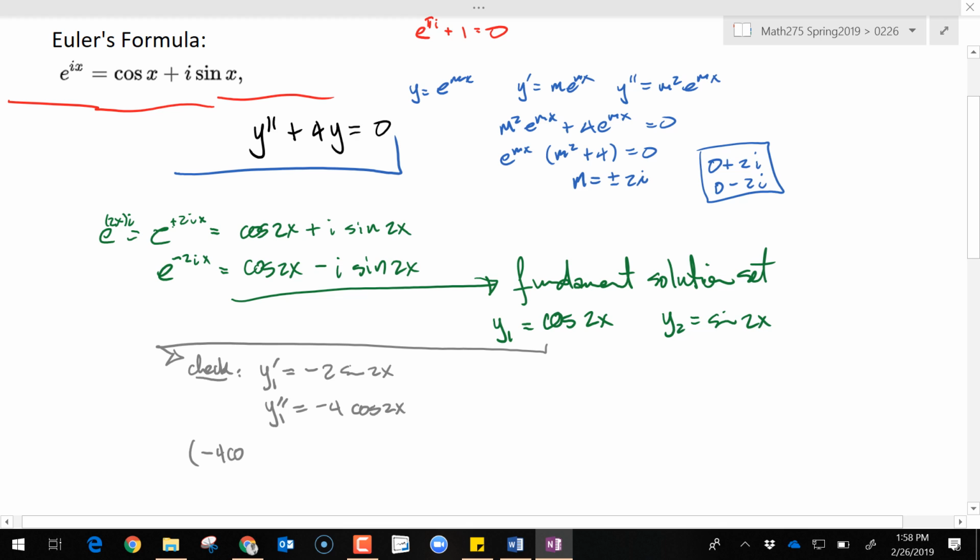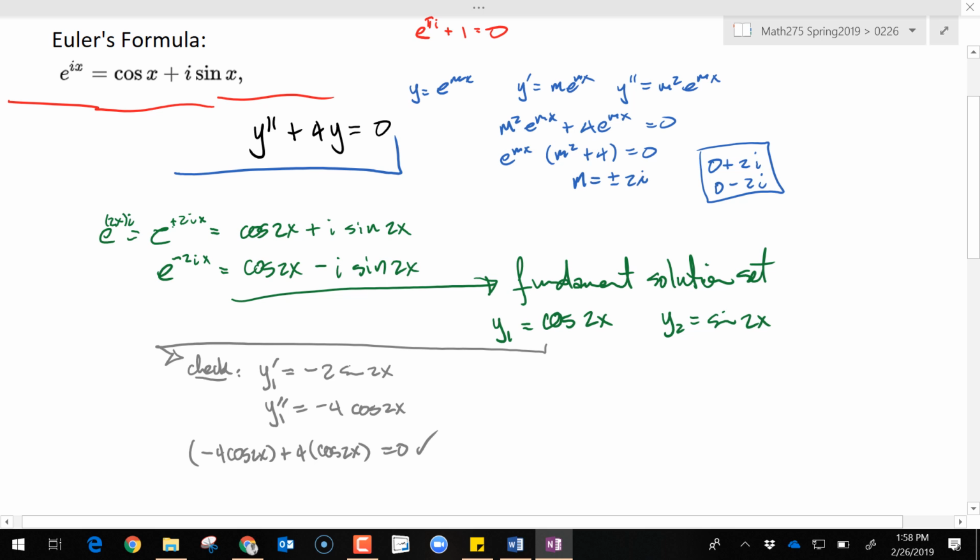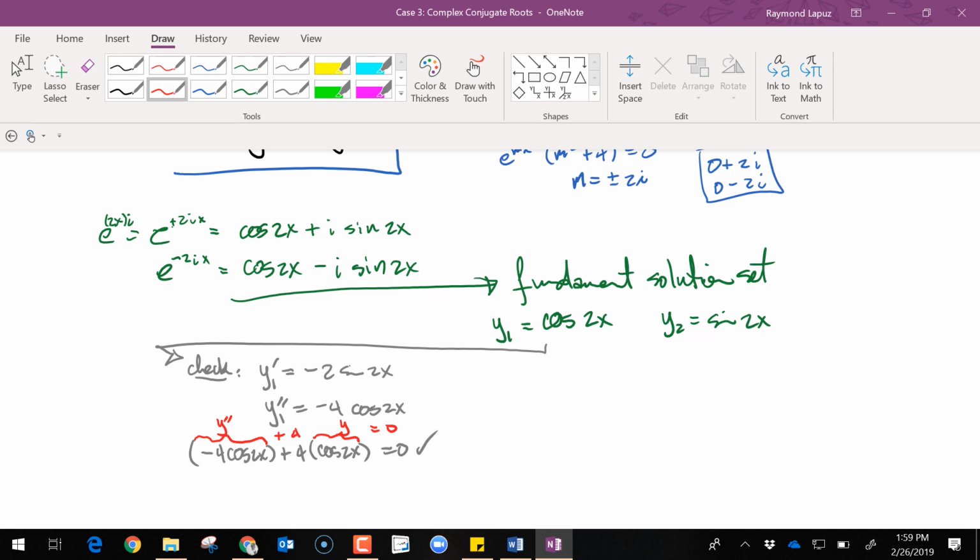Minus 4 cosine 2x plus 4 times the original cosine 2x. And that, in fact, is equal to 0. So put back into the differential equation, it works. And we'll do the same for the other one, and we'll see that we'll get the same results.